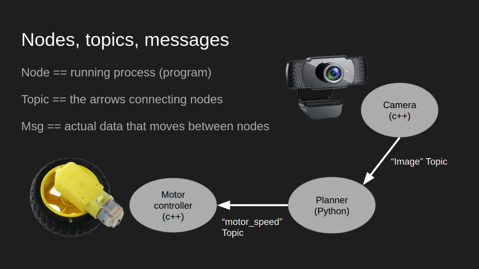How you could organize your code, what ROS tells you, is to organize your code into these sets of nodes. You might imagine that if you didn't use ROS, you could just write the whole thing in one giant C++ program, object-oriented or something, right?